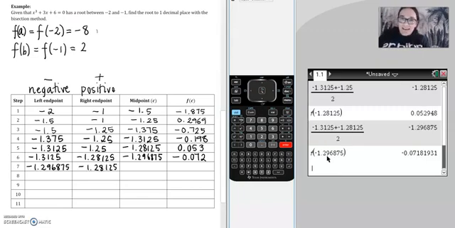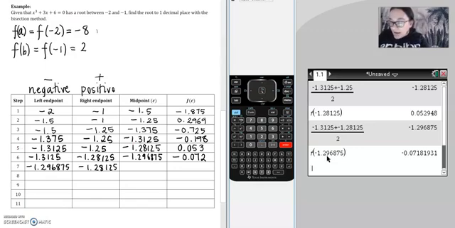Okay, so I've gone ahead and filled in a couple more lines following the same pattern. And remember, we're trying to find the solution correct to 1 decimal place. So here at line 4, which is what I did off camera, if we look at the first 3 columns and round these answers to 1 decimal place, we get negative 1.4 in line 4, negative 1.3 and negative 1.3. So still a little off, but pretty close.